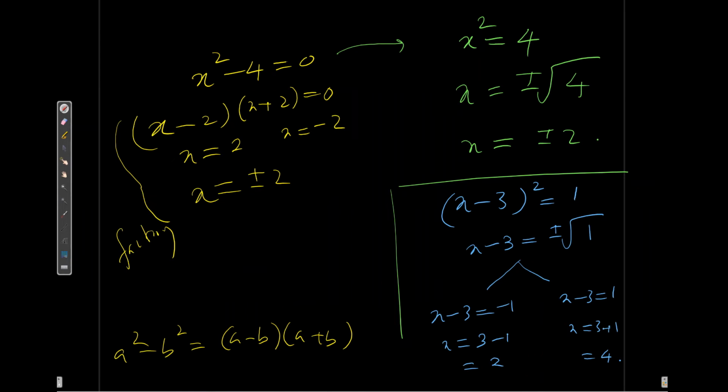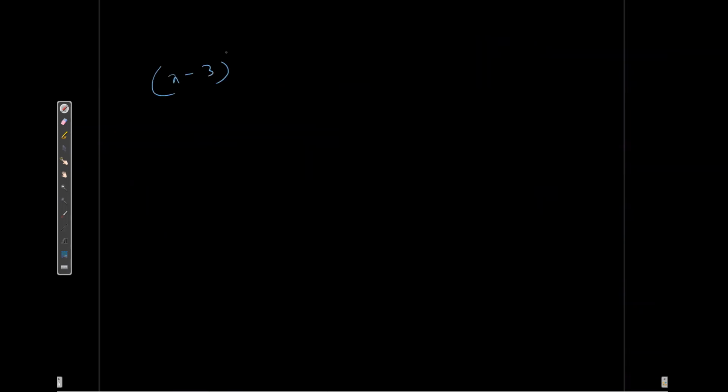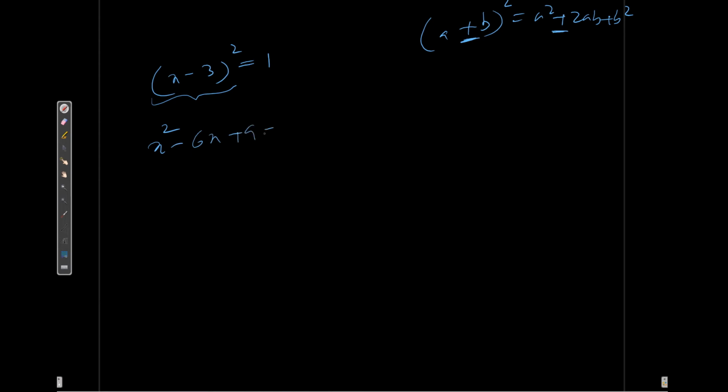Now let's see the same example. Let me take the same example. So x minus 3 squared equal 1, to the next page. Let's see whether this has factors. In order to do that, you have to expand this. So x squared, remember a plus b squared equal a squared plus 2ab plus b squared, or if you have minus here, you have to have minus here. So in this case, x squared minus 2 times 3 times x, which is 6x plus 9 equals 1.